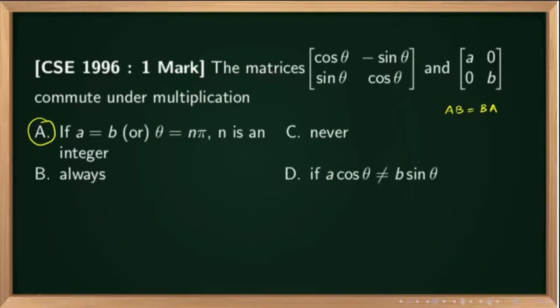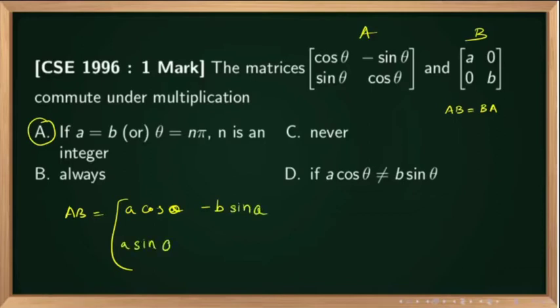I'll number these as A and B. So what will be AB? AB will be A times cos theta minus sin theta into 0, and cos theta minus sin theta into B. So this is minus B sin theta, A sin theta, and B cos theta. So this will be A into B. Now what is B into A?